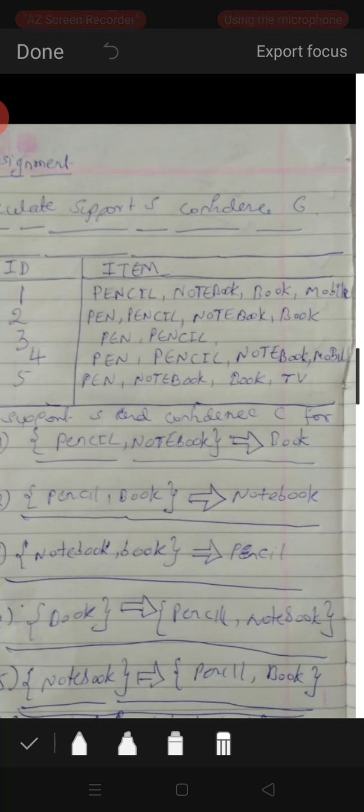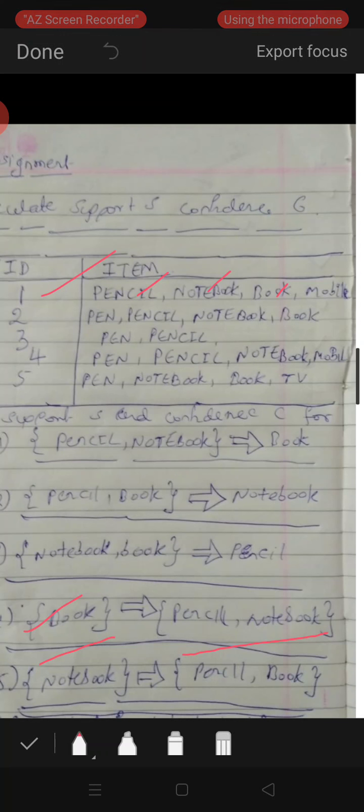Now calculate it fast for the next one: book implies pencil, notebook. Together, how many times are book, pencil, notebook available?